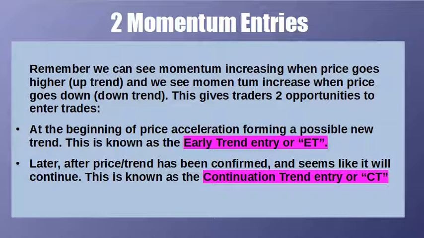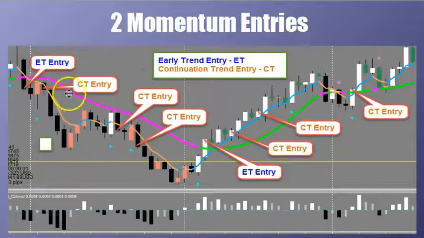Now I'm going to show you a chart example of this. This is a good chart. Price was in an uptrend here with the green line. This is just a moving average, and it can be the 21 EMA that I've already advised you to put on your chart.